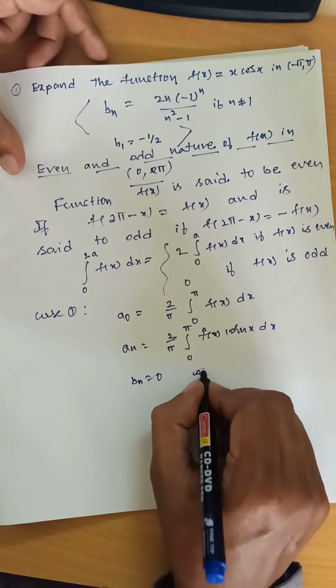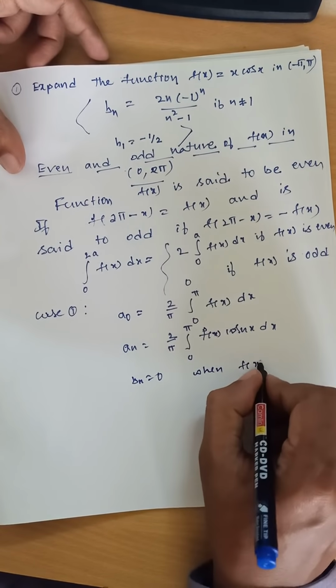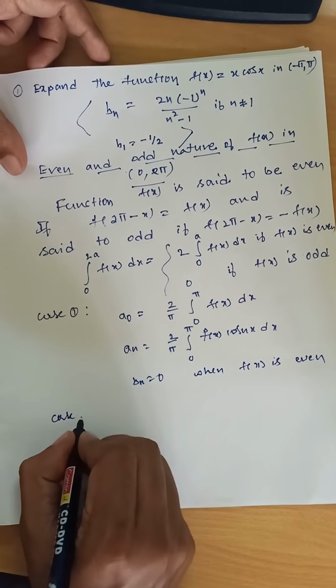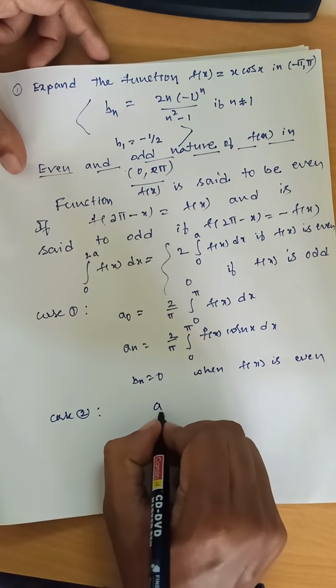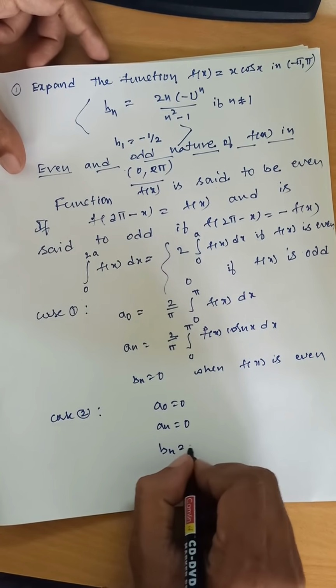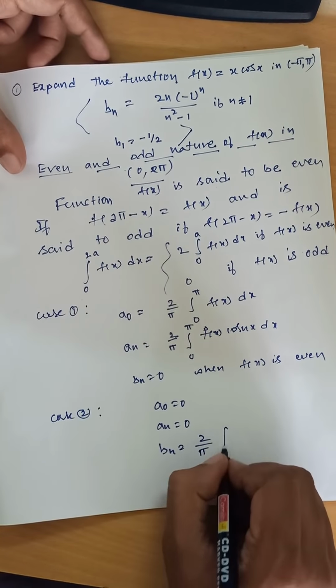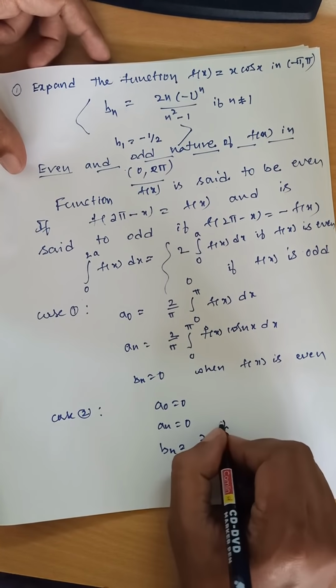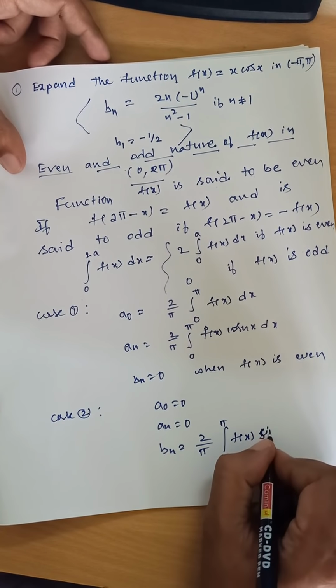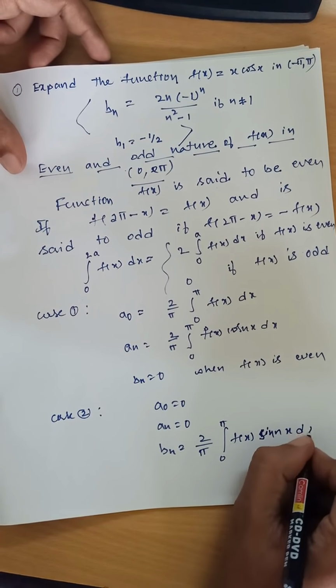Case 2: when f of x is odd, a naught equal to 0, an is equal to 0, bn is 2 by pi integral 0 to pi f of x into sin nx dx.